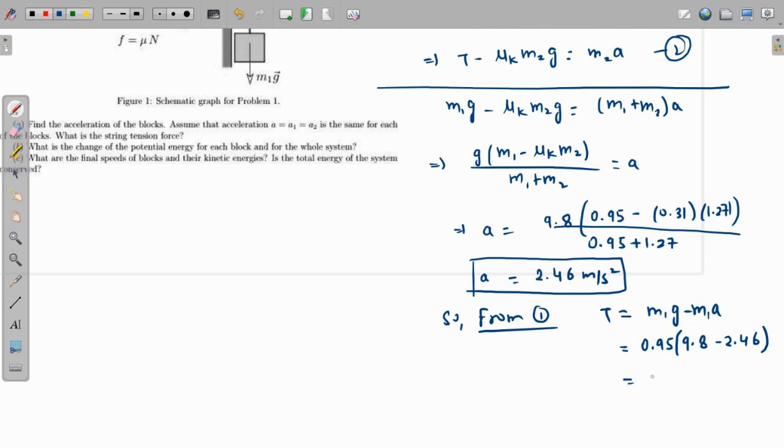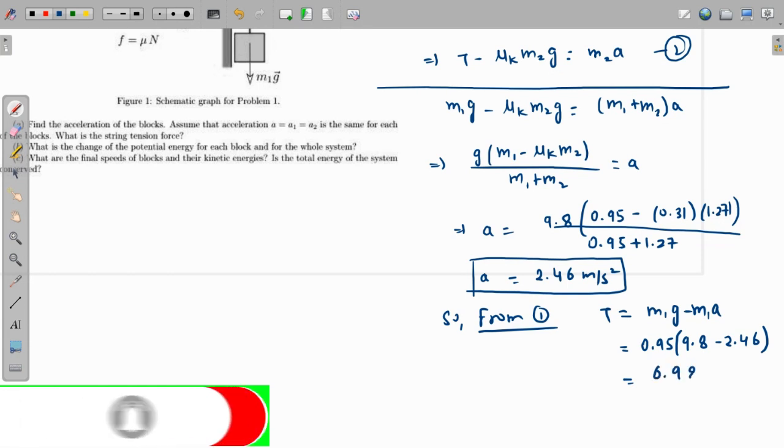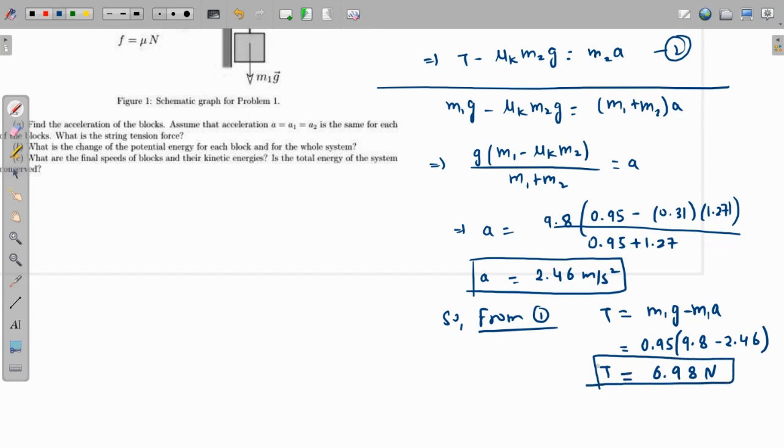So what is the tension? The tension comes out as 9.8 minus this value, times 0.95. So this value comes out as 6.98 newtons. That is the required tension.